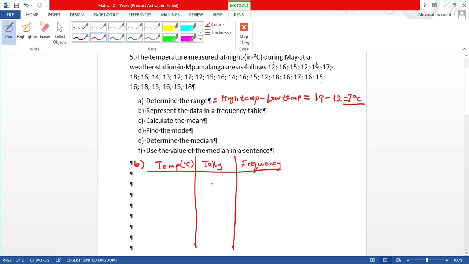Let's go on with the temperatures. We're going to write all the temperatures from the lowest to the highest. We already discussed that the lowest is 12. Let's count the number of 12s that we have.